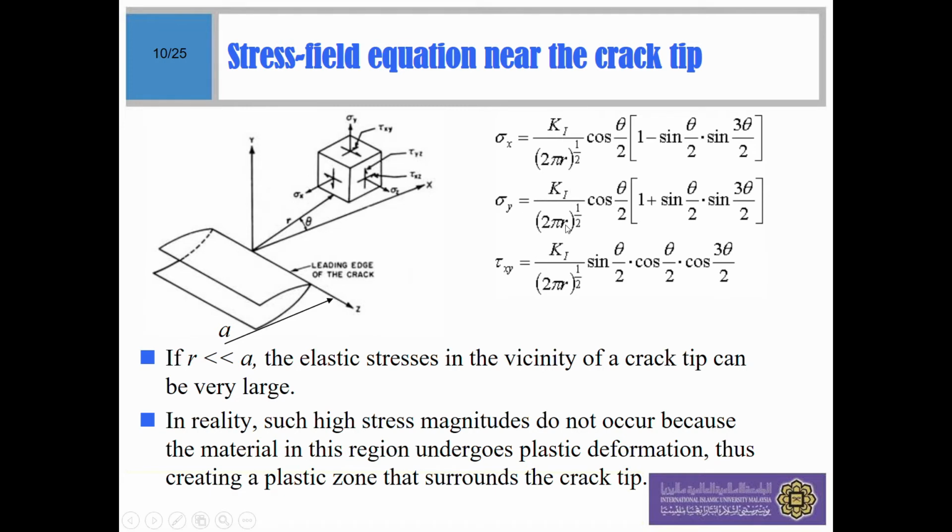We can see here, if r is small, you might get a higher stress value. In reality, such high stress magnitudes do not occur because the material in this region undergoes plastic deformation, thus creating a plastic zone that surrounds the crack tip.